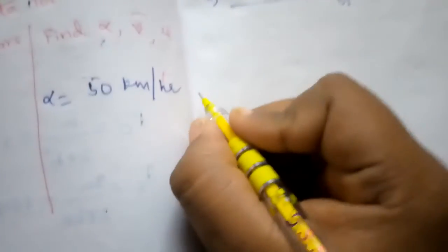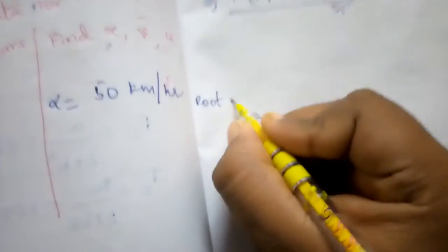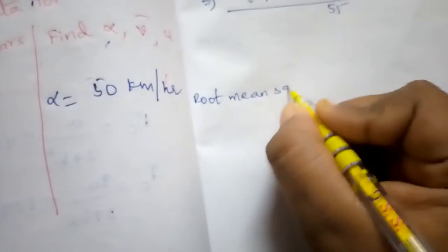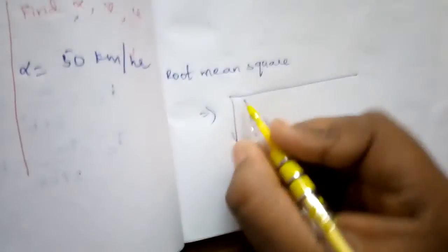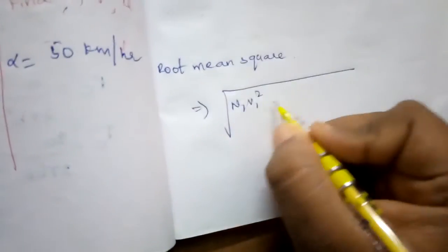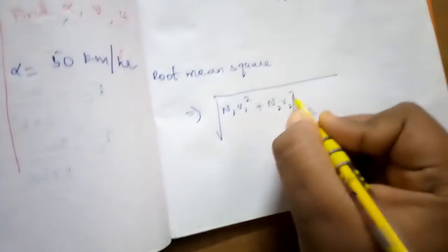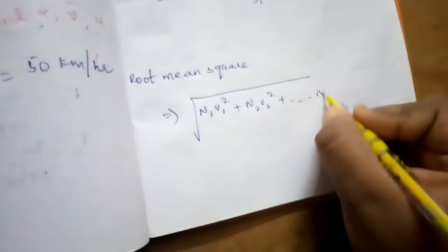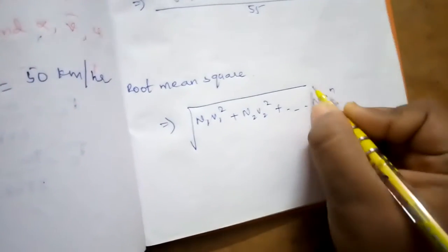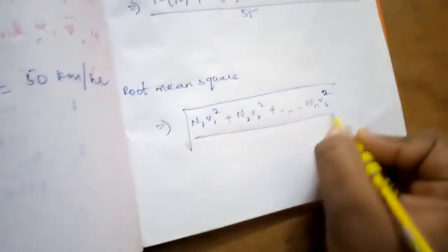Okay, next, root mean square velocity. I already said you are going to apply this formula: n1v1² plus n2v2² plus so on up to nnvn², by the total number n.